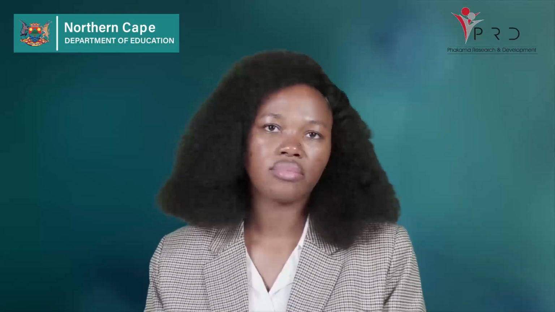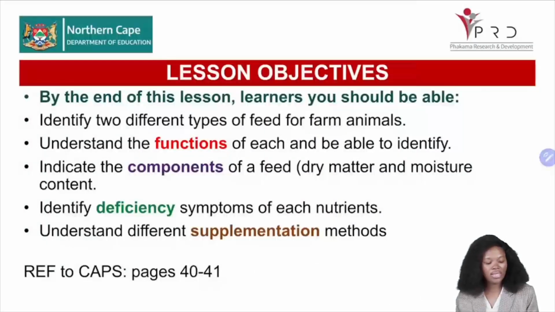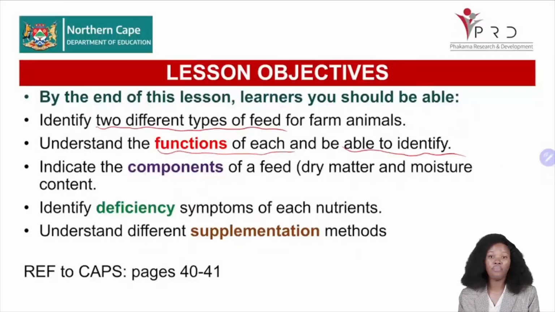Now, learners, by the end of today, you should be able to identify 2 different types of feed for farm animals, understand the functions of each, and be able to identify them. Very important, indicate the components of a feed: dry matter and moisture content.